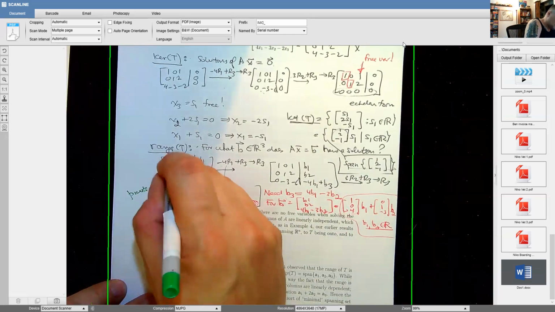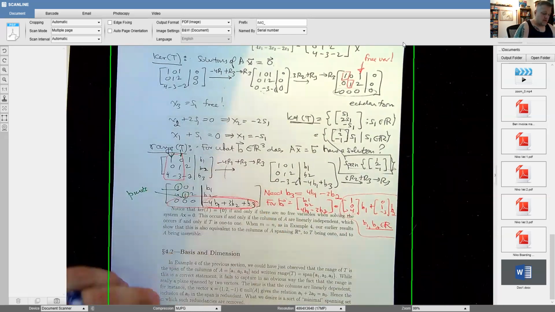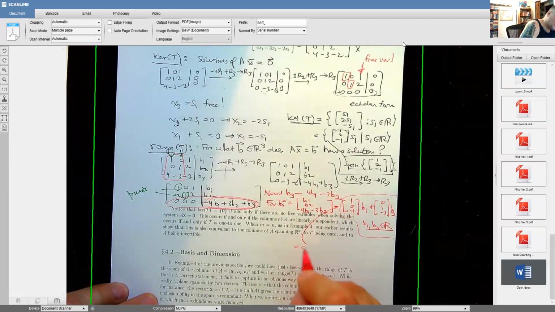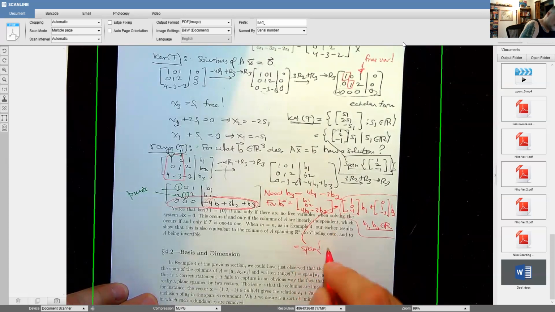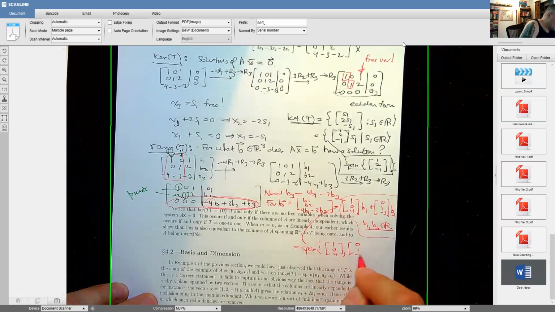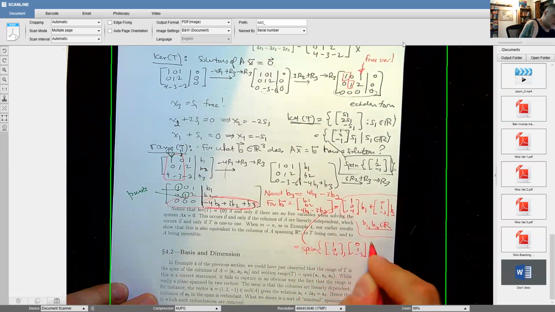These are the columns that contain the pivots, right? And so this is equal to the span of (1, 0, 4) and (0, 1, -3), right?